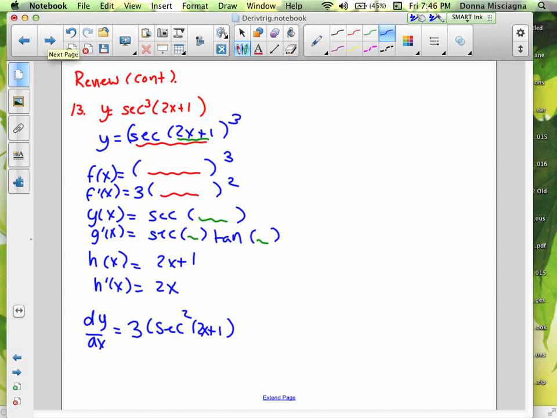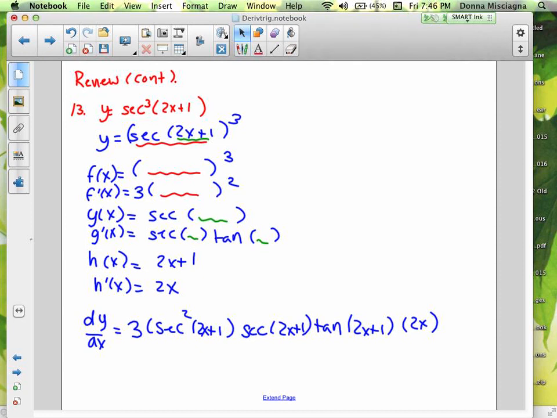And then times secant (2x plus 1) tangent (2x plus 1) and times a 2x. So let's combine the 3 and the 2x. I think that's it. And for the coefficients, and we can combine these guys as well.